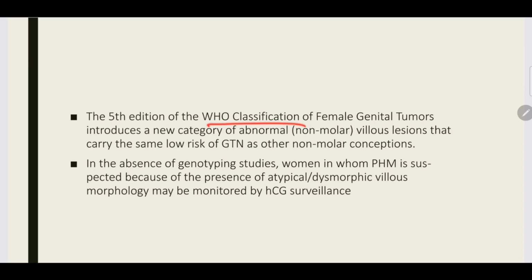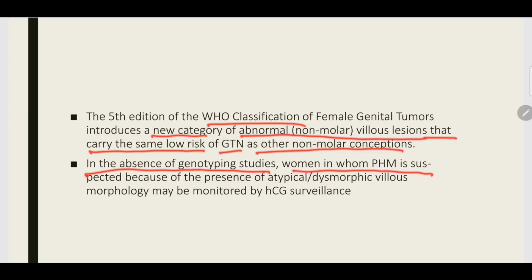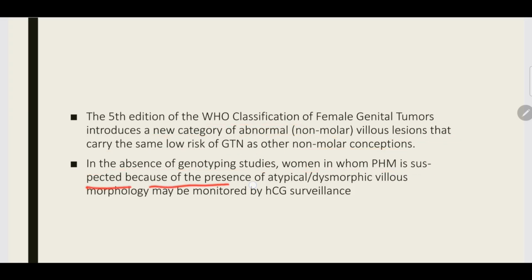The WHO classification introduced a new category of abnormal villous lesions that carry the same low risk of GTN as other non-molar conceptions. In the absence of genotyping studies, women in whom partial hydatidiform mole is suspected because of the presence of atypical or dysmorphic villous morphology may be monitored by hCG surveillance.